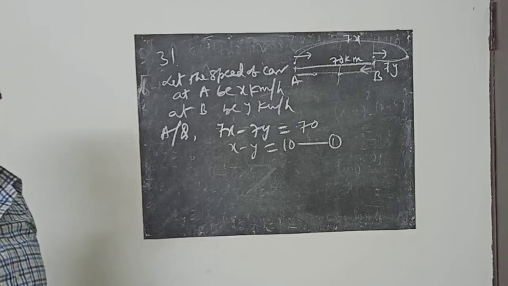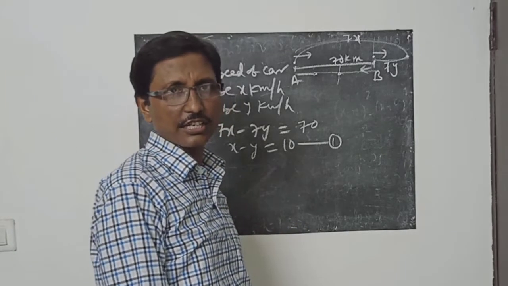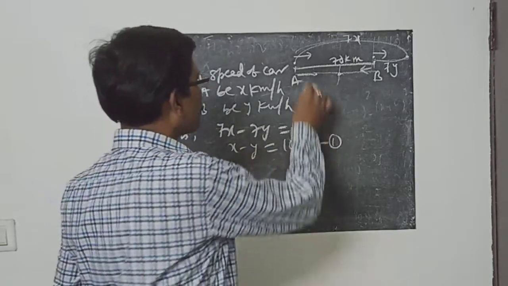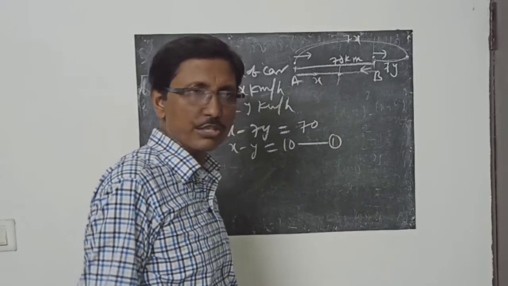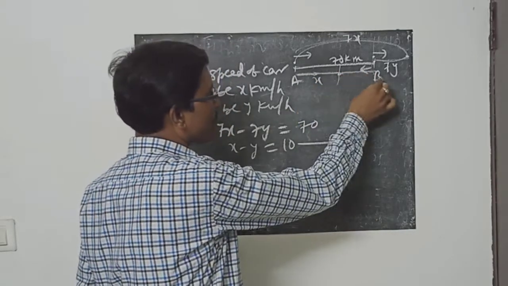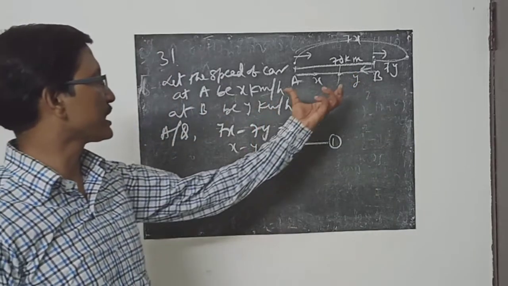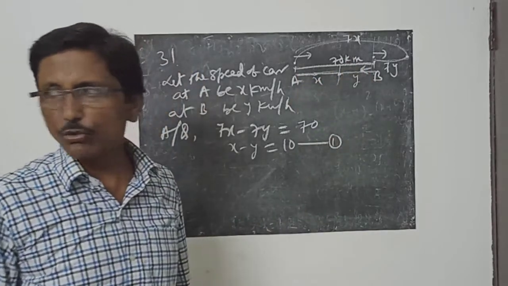Now the second condition is here. If they travel in the opposite direction, they meet in 1 hour. In 1 hour it will go 1 into x kilometer, and in 1 hour the other will travel 1 into y kilometer. Together the sum will be equal to 70, which they cover.